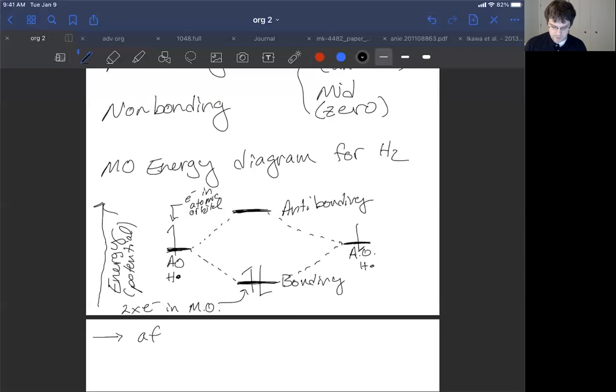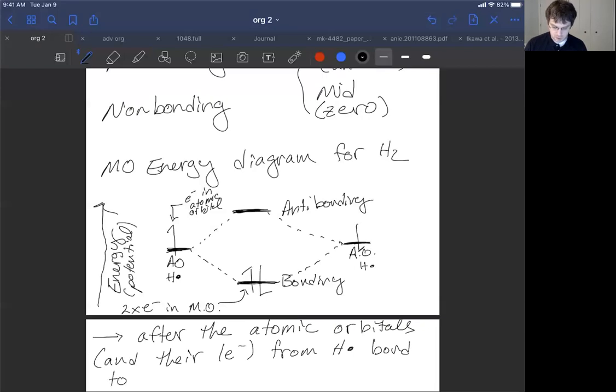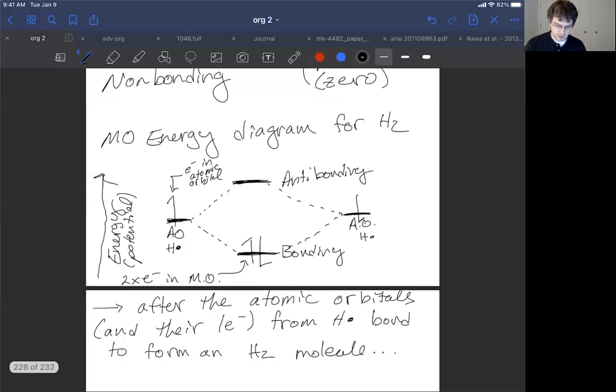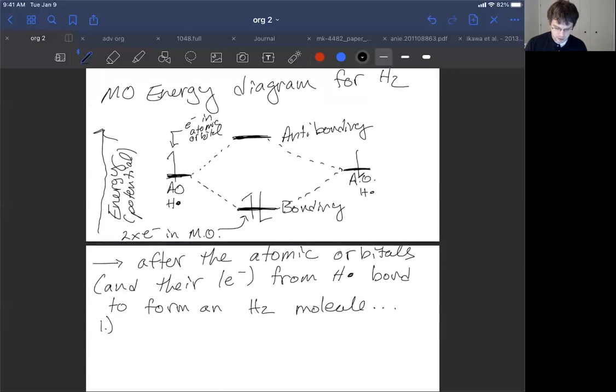So after the atomic orbitals and their 1 electron from each H dot bond to form an H2 molecule, the following things happen. A bonding and anti-bonding MO form.